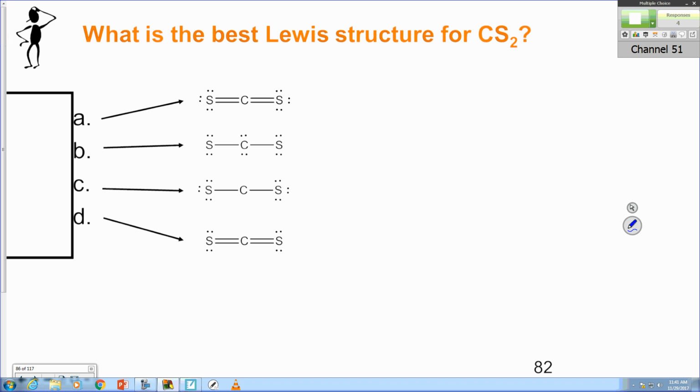So which one's the best Lewis structure? Just based on what we talked about today, which one has the bonding patterns. And the way the bonding patterns work, if you know the atom in the top row, everything underneath it behaves the same way.